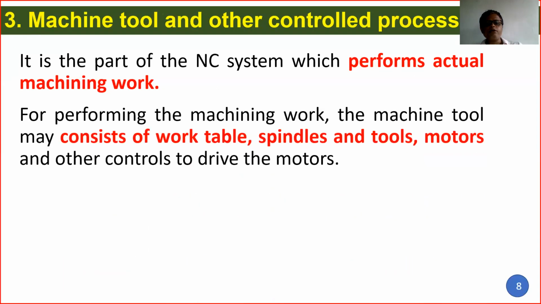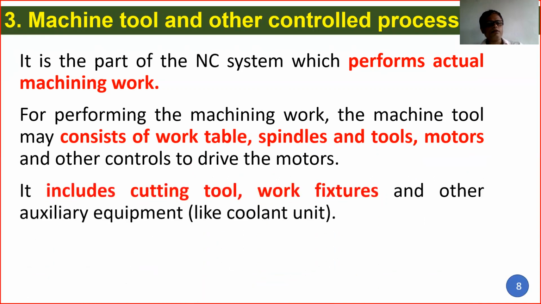For performing the machining work, the machine tool may consist of work table, spindles and the tools, motors, and other controls to drive the motors. It also includes the cutting tools, various work fixtures, and other auxiliary equipment like the coolant unit or lubricant unit.